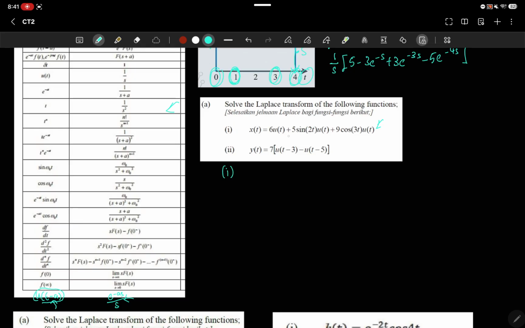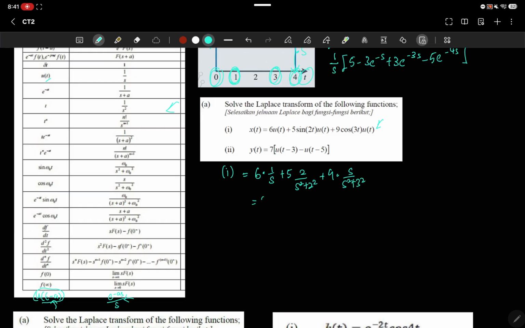The first one, if you see here, is 6 u(t), which if you refer here is 1 over s, then 5 sine 2t is this. So you would get 2 over s squared plus 2 squared, then 9 cos 3t. You can just refer to the table for this, 3 squared.